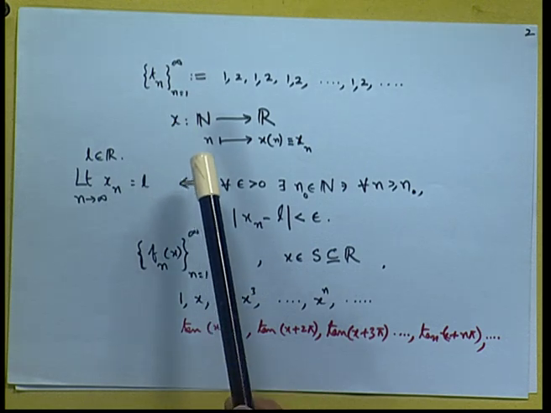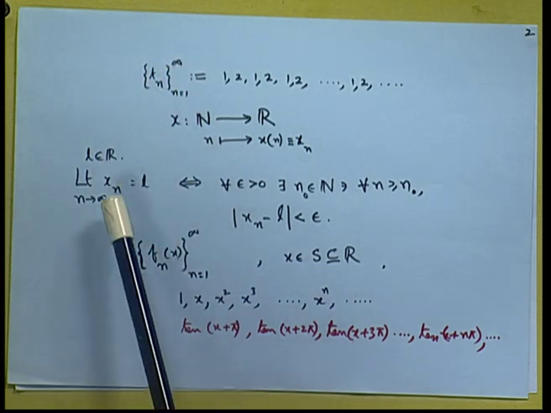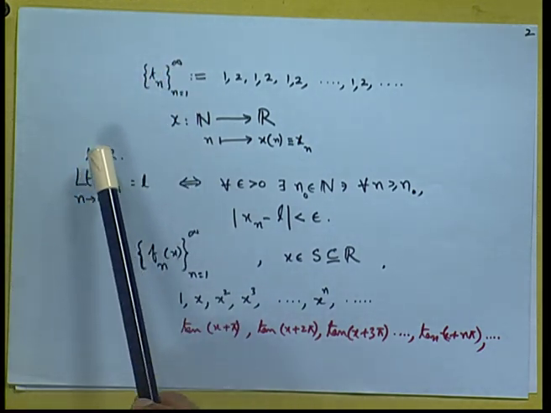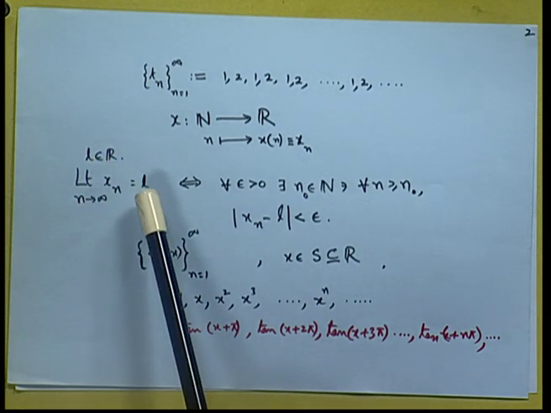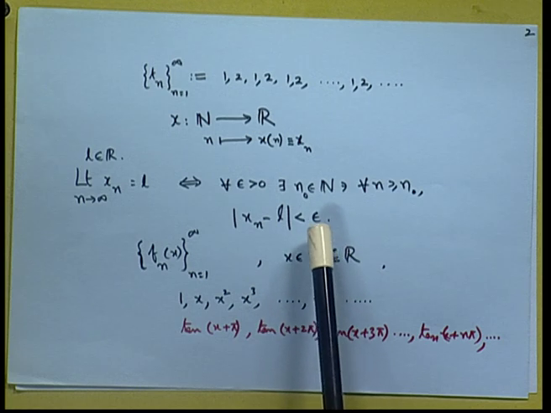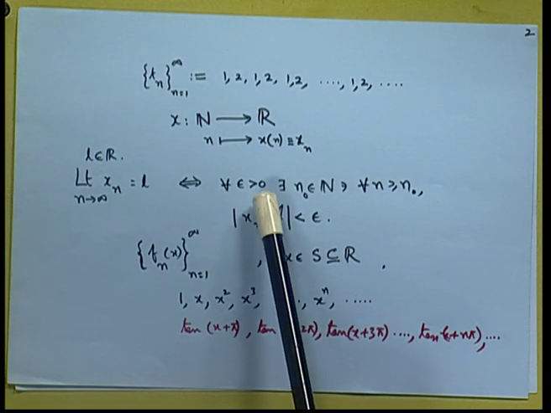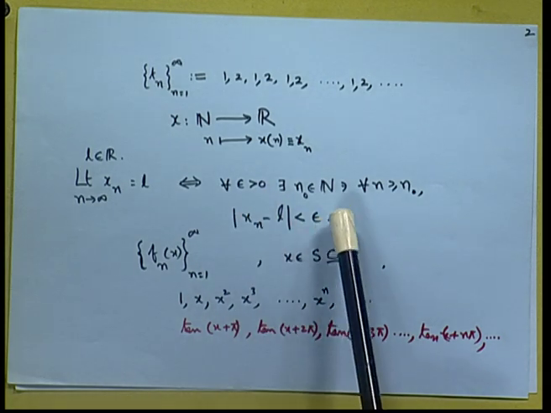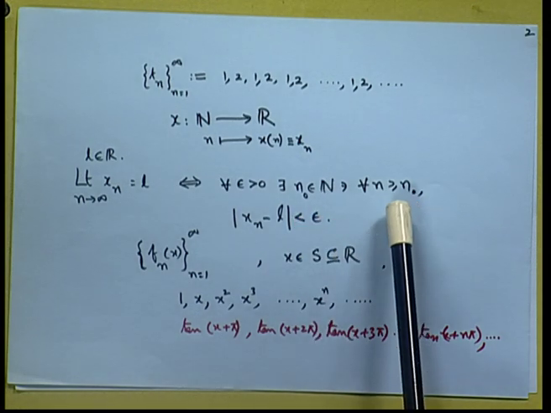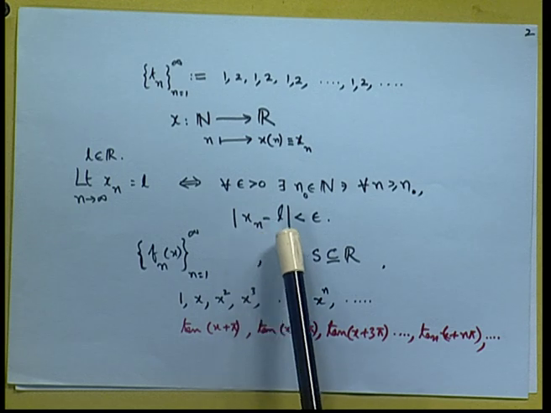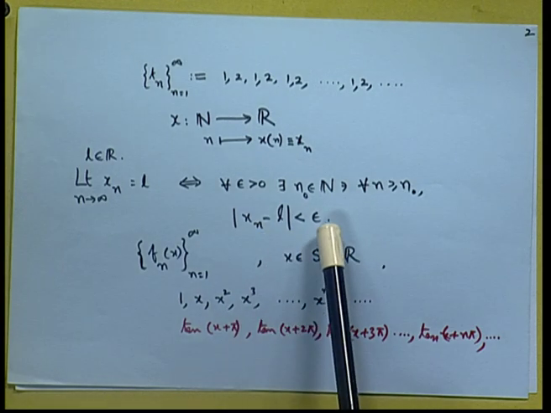Say we have a sequence x n, n equal to 1 to infinity. For that, if L is a real number, we say limit x n as n goes to infinity is L, if and only if this statement is true. That is, for any arbitrary positive epsilon, there must be a natural number n naught such that for all n greater than or equal to n naught, the distance between x n and L must be less than epsilon.